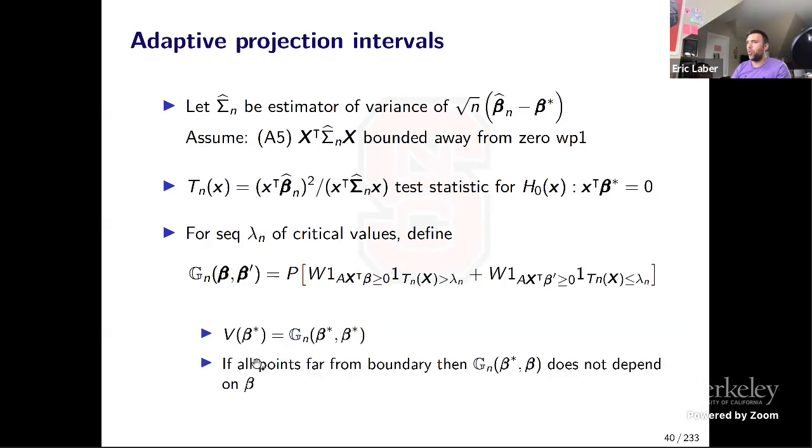And if all the points are far from the boundary, then Gn of beta star, beta doesn't depend on beta, meaning it doesn't depend on the second argument, because this term here will be identically 0. So what we've done is divide the value into the sum of two parts, one where points are near the boundary, and one where points are far from the boundary. And now we're going to see if we can do a projection that only affects the second term. Questions on this?